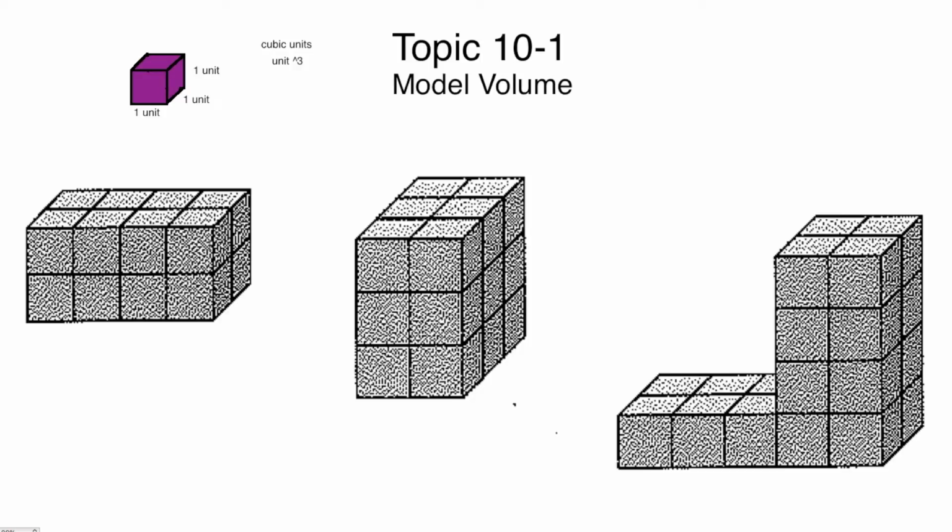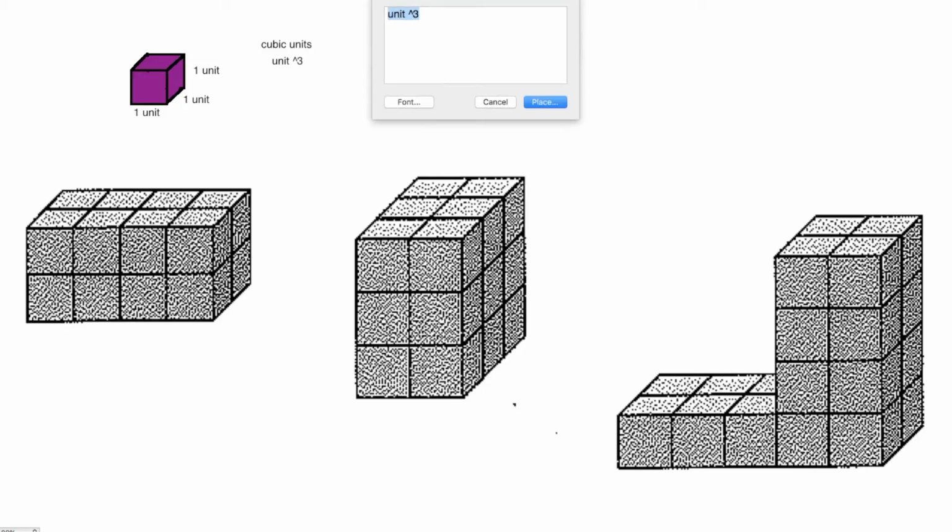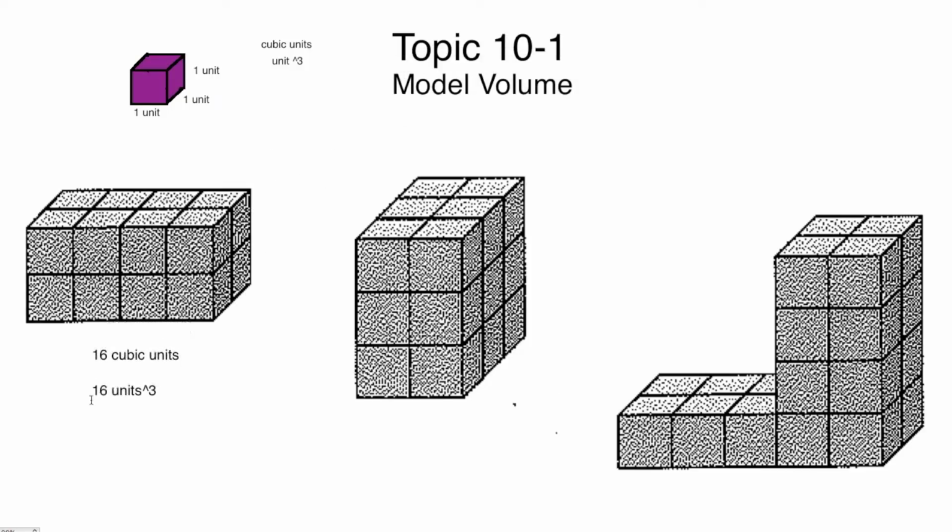So 4 times 2 times 2 is 16. So your answer should be 16 cubic units, or 16 units cubed. And don't forget to circle your answer. And did you get that as an answer? Great job.